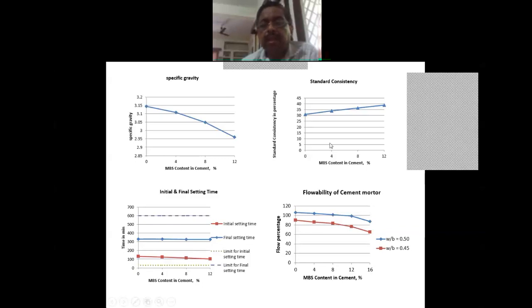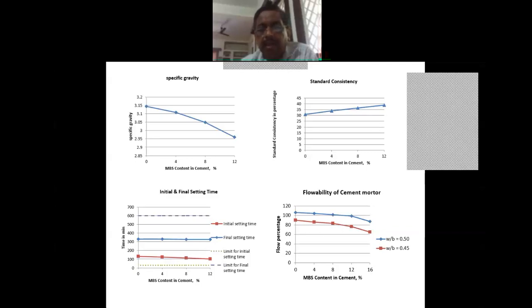Otherwise, you may see a loss in workability, because the standard consistency is increased. So an additional amount of water will be required for workability. Whenever we use this type of material, you should take care of all these parameters. Otherwise, you may say that by adding a mineral admixture, I am losing my workability.